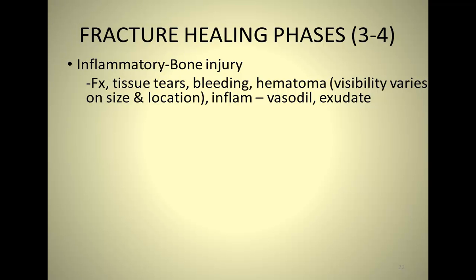But you have the inflammatory or the bone injury phase when you actually have the fracture. So you're going to have bleeding at the site, because remember, bones do have good blood supply. You might not see the bruising right away. Think about where the bone is. It might be deep. Remember that term, visceral?